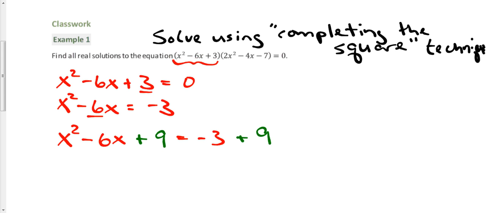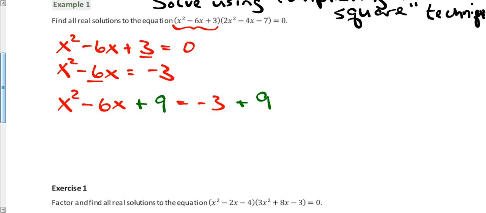Half of my coefficient in front of the x. So half of my x term, don't forget the negative sign, and then square it. So, half of the middle term, and then square it.